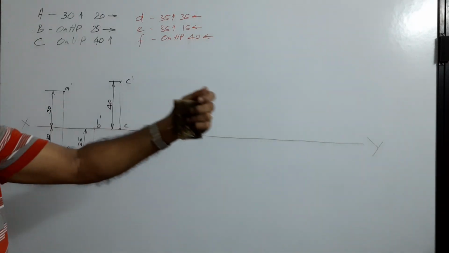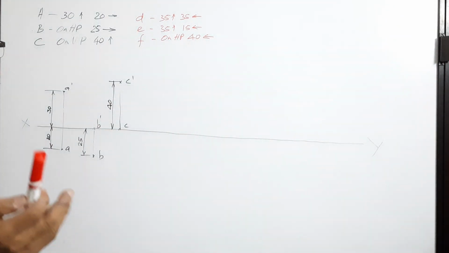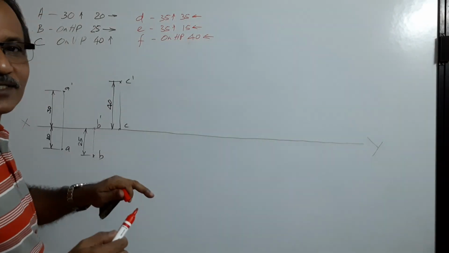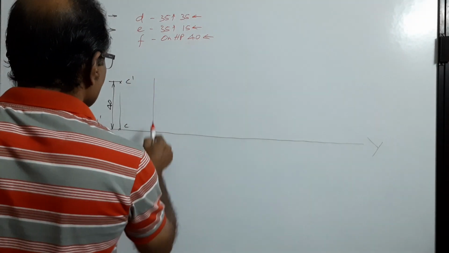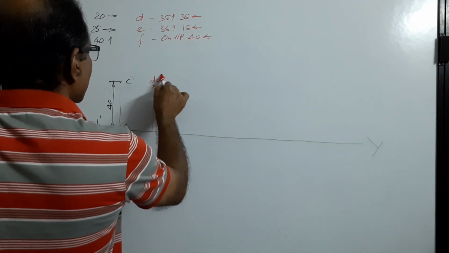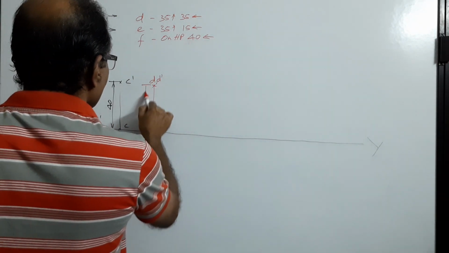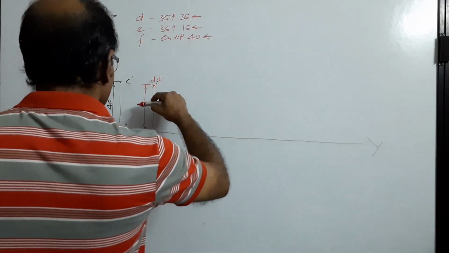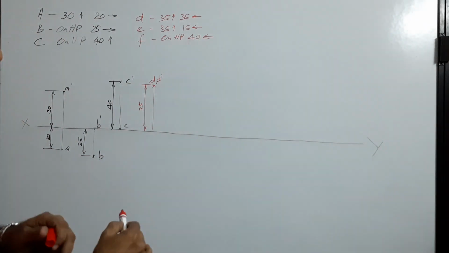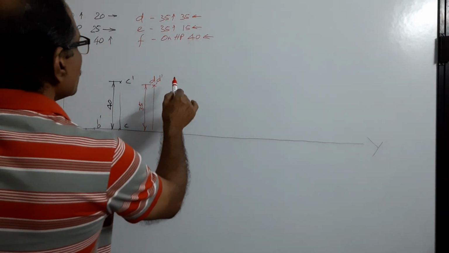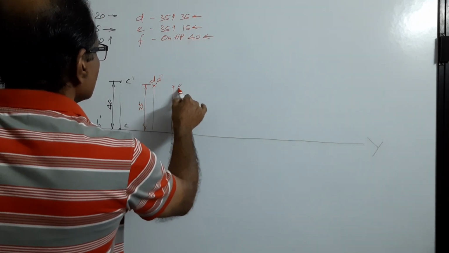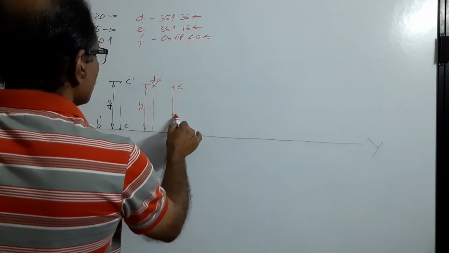D is 35 mm above HP and 35 mm behind VP. Which quadrant? Second quadrant. When a point is in second quadrant, both plan and elevation have to be above XY, and it is same distance. So draw a projector 35 mm above. Locate D, D dash, and mark 35. Agreed? Then E, 35 mm above, and 15 mm below.